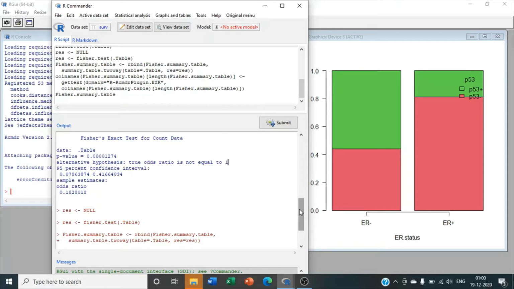There's a sort of negative relationship. Odds ratio of greater than 1 means these two variables are positively related. That is, as you move from, say, P53 wild type to P53 mutant, you get a higher chance of getting the other variable. So that is what odds ratio means.